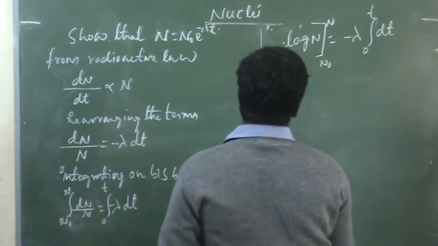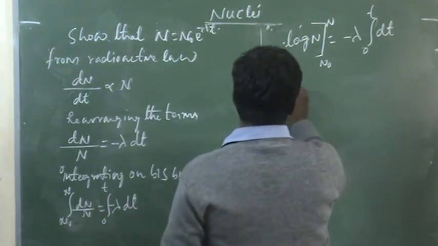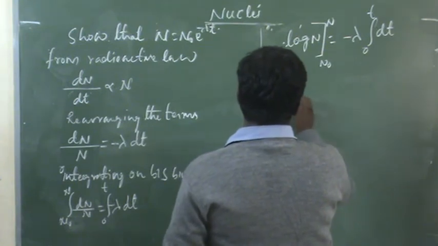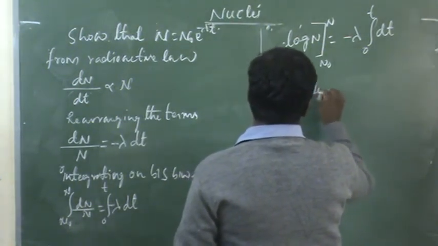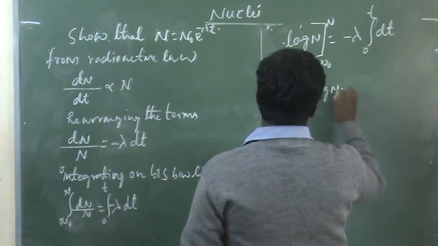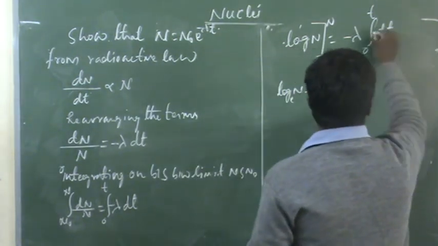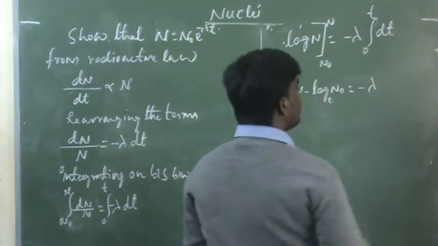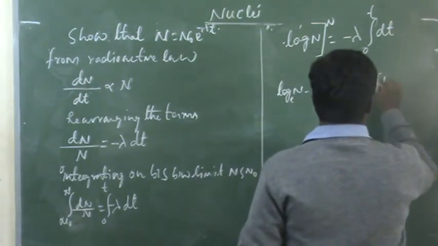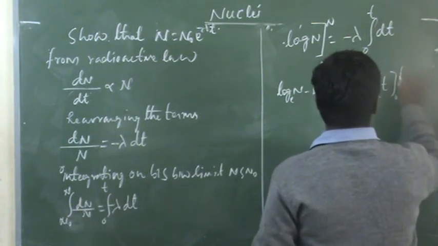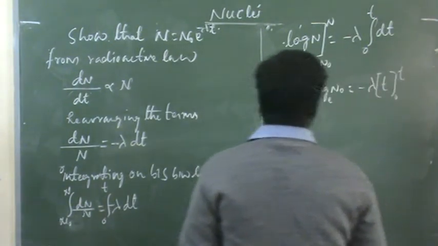So we write log N minus log N naught equals minus lambda times t between the limits 0 to t.